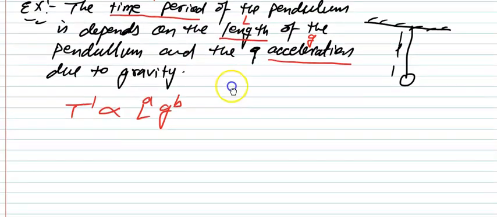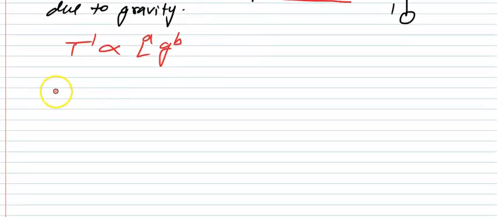So proceed now. We can write t to the power 1 is equal to, let us put some constant k, l to the power a, g to the power b. Our main aim is to calculate the values of a and b so that our formula will be dimensionally correct.